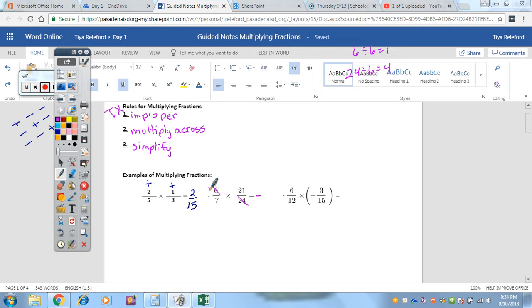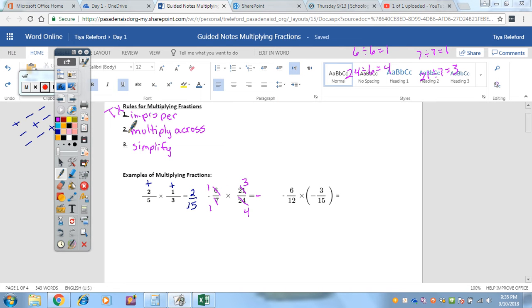So I'm going to cross this out, and I'm going to change that to 1 and that to 4. I can also simplify the other way. 7 and 21. 7 divided by 7 is 1, and 21 divided by 7 is 3. So I'm going to cross these out. 21 divided by 7 is 3. 7 divided by 7 is 1.